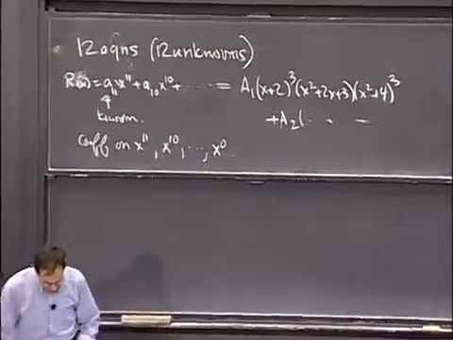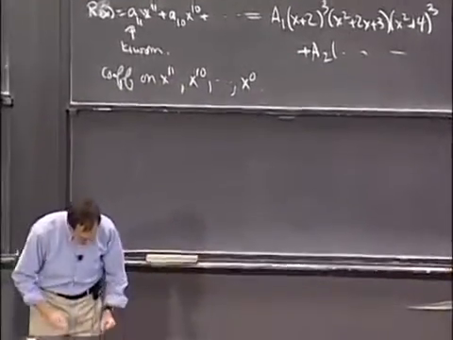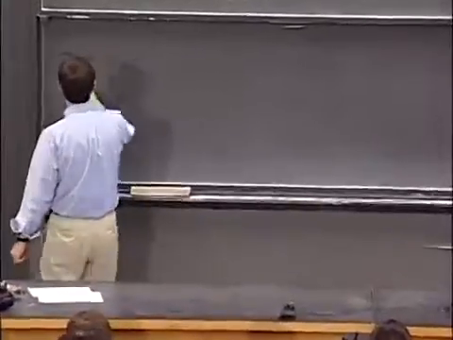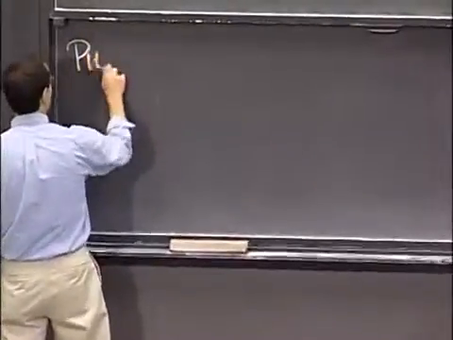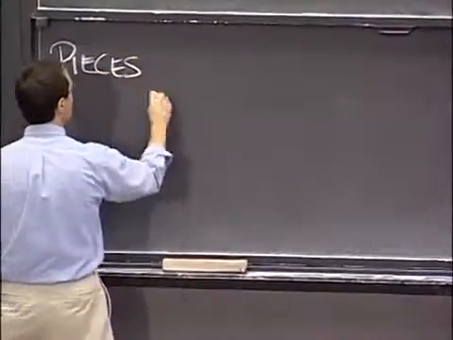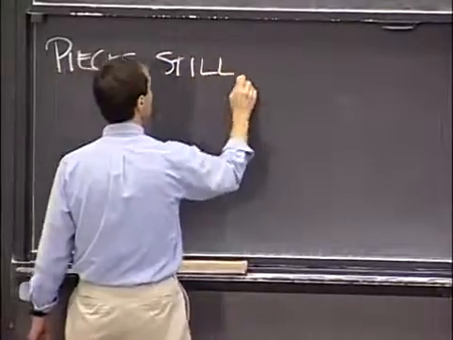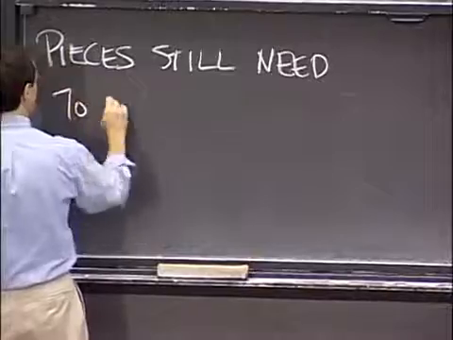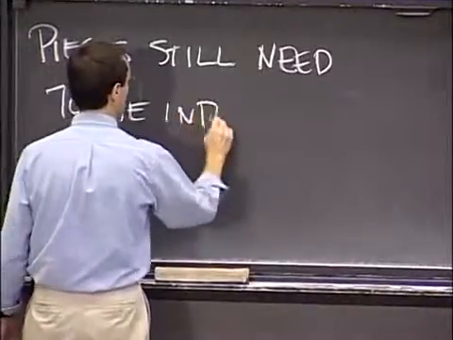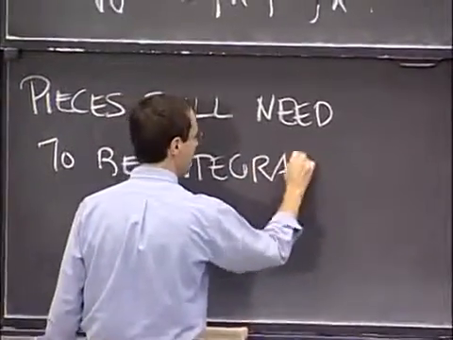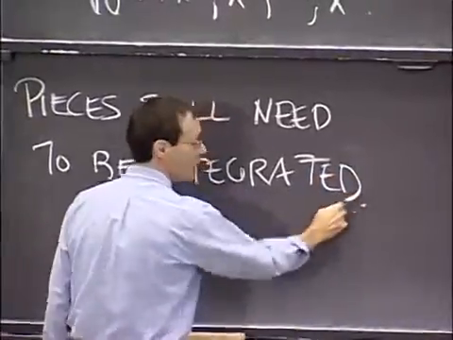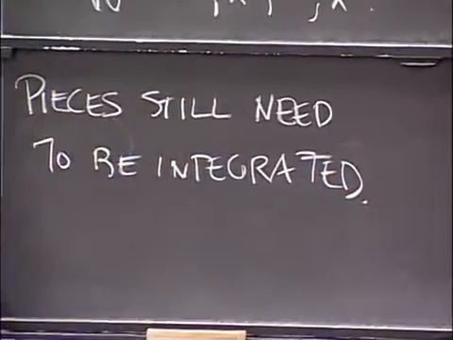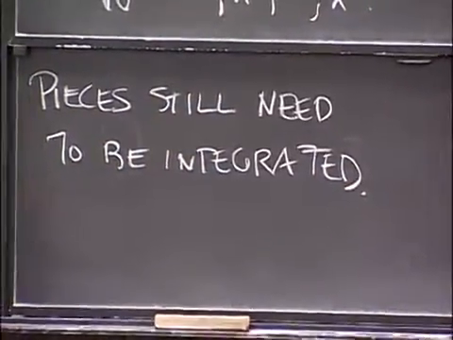The second downside I want to point out to you is what's happening with the pieces. The pieces still need to be integrated. We simplified this problem, but we didn't get rid of it. We still have the problem of integrating the pieces.